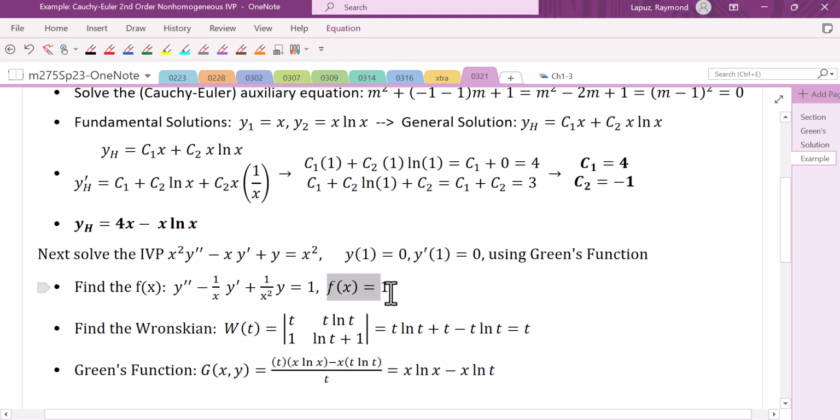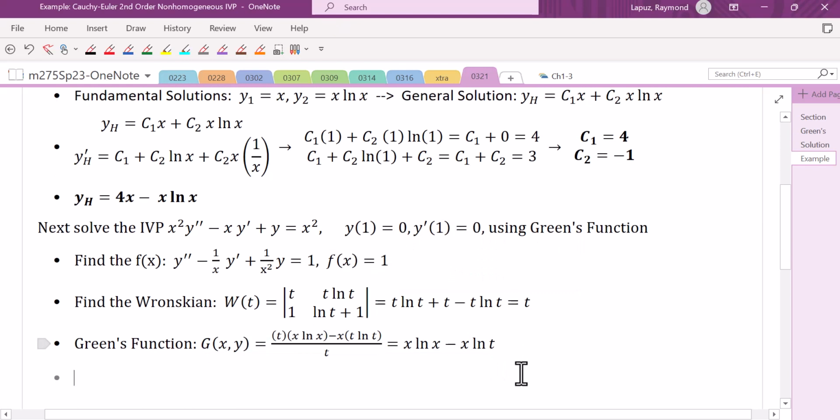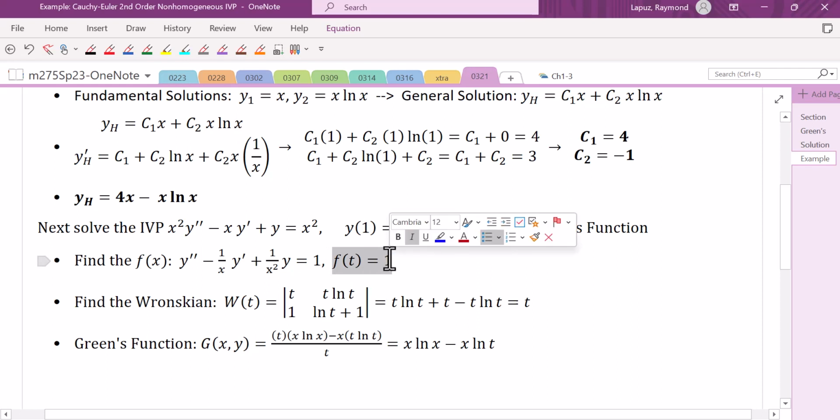And then we'll also recall that f of t is equal to 1. We found that in the first step already, that f of x is equal to 1 in this case, and so f of t will also equal 1. So in fact, we can just put f of t equal to 1, and we'll use this in the integral.